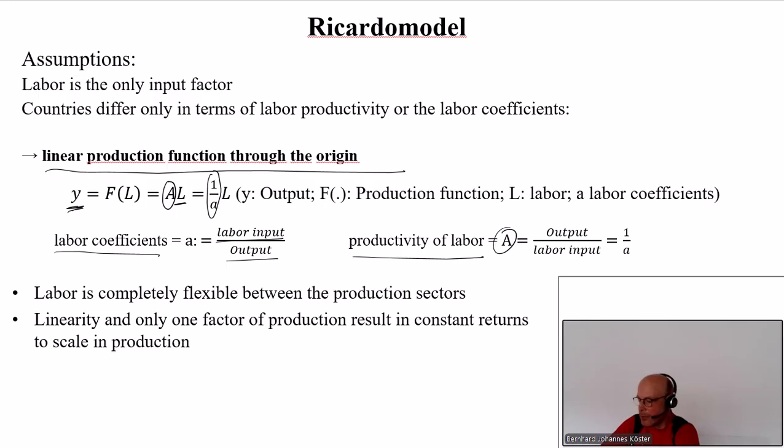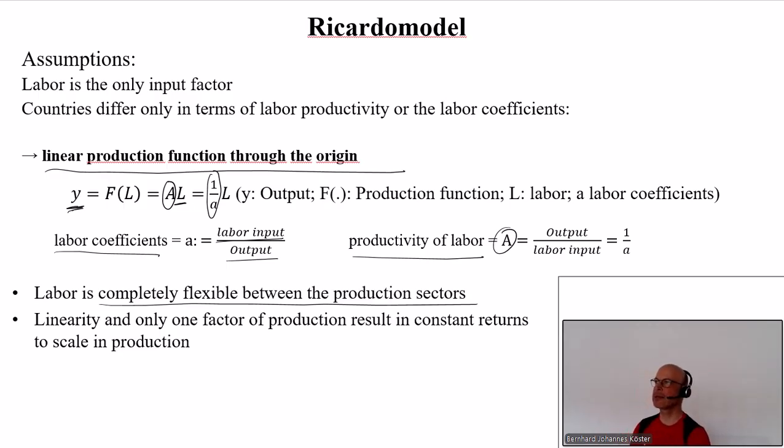What we also assume is that in our model we will have 2 goods, so we can interpret this as 2 sectors. And then we are assuming that within these 2 sectors we are totally flexible with our labor. So every worker can just switch from one sector to the other.